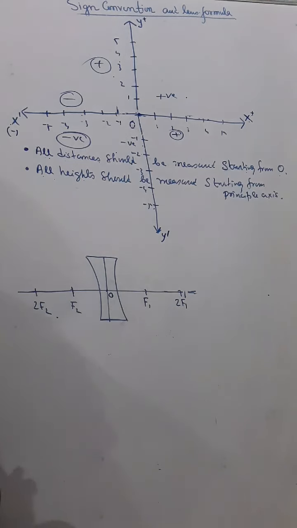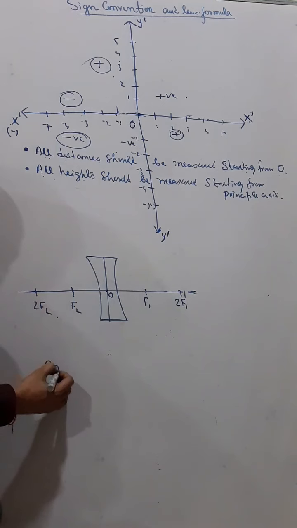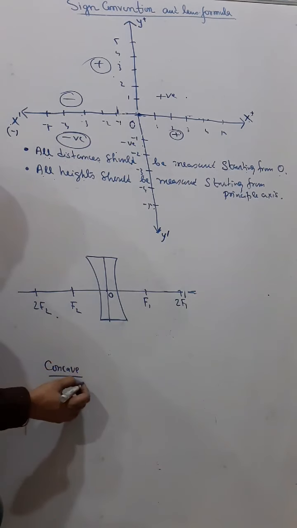And you know, in a concave lens the position of the image and the characteristics of the image is always same. So in a concave lens you don't have any problem, it is always fixed.